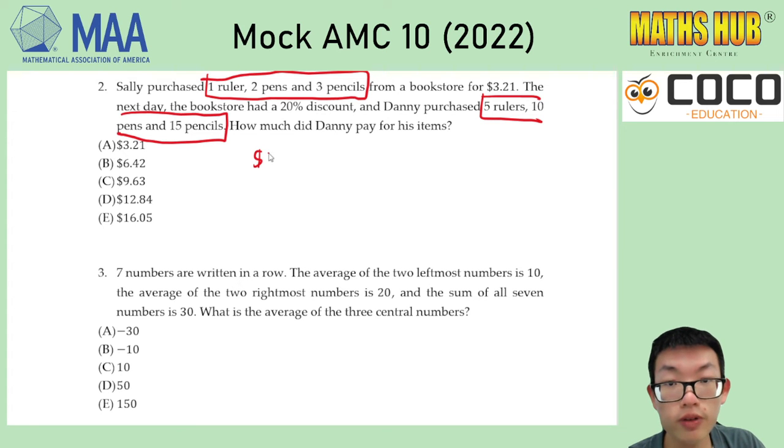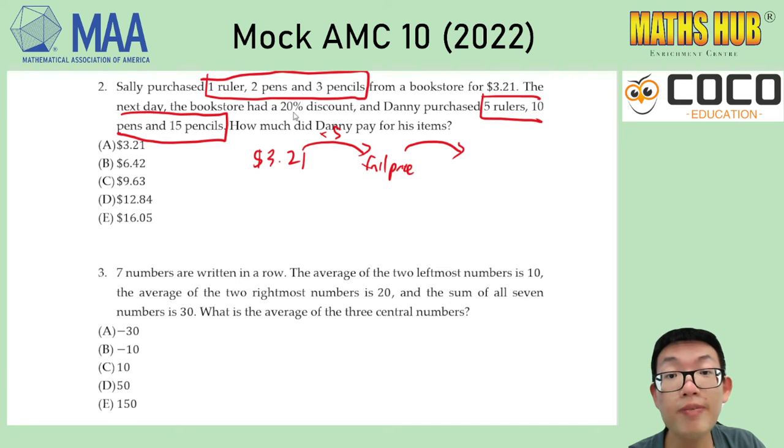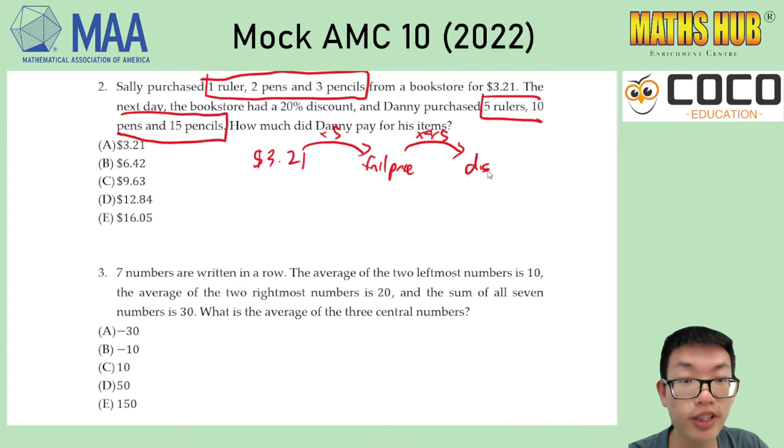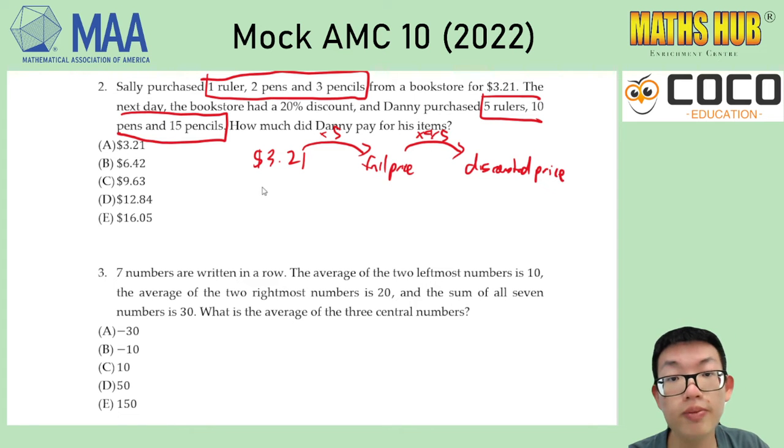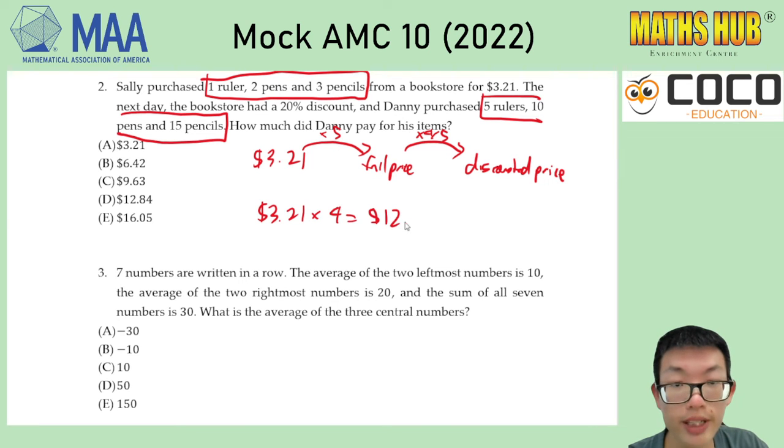So we can go $3.21 multiplied by 5 to get the full price, and 20% off is 1/5 off, which means that you are paying 4/5 of that at your discounted price. So basically, you are multiplying by 4. So 321 times 4 is 1284.